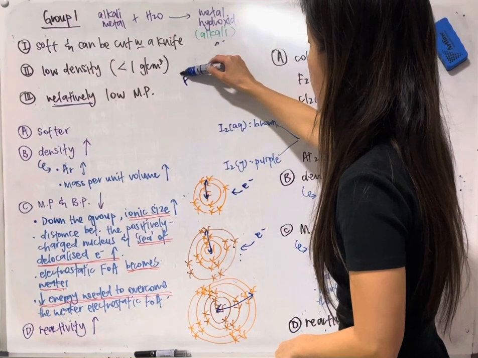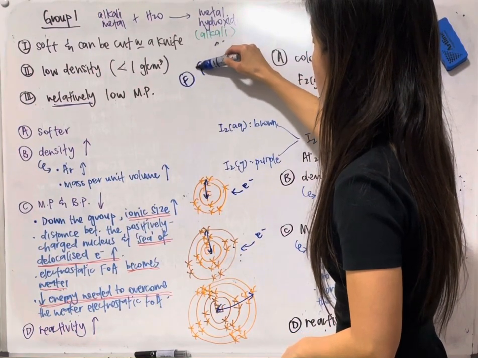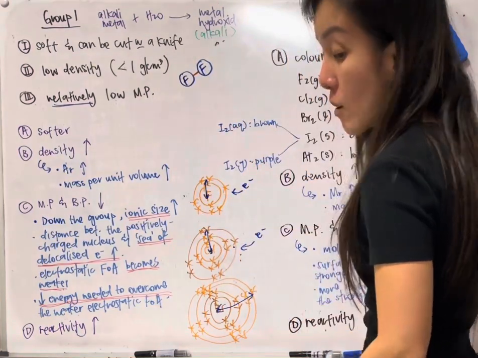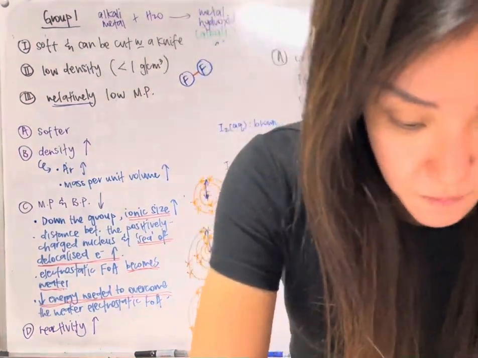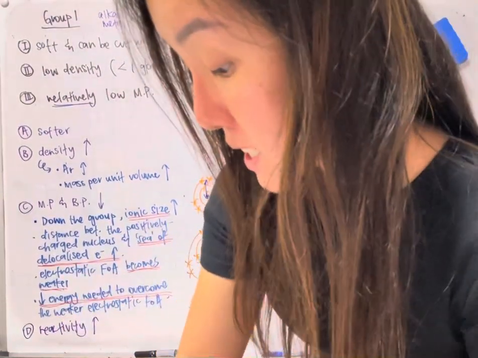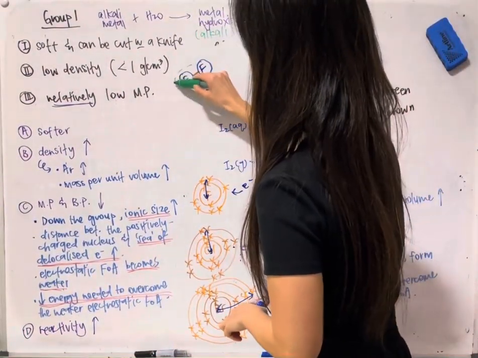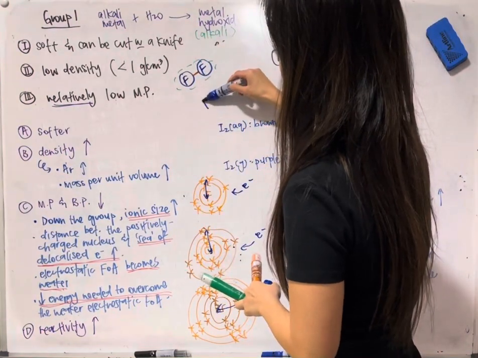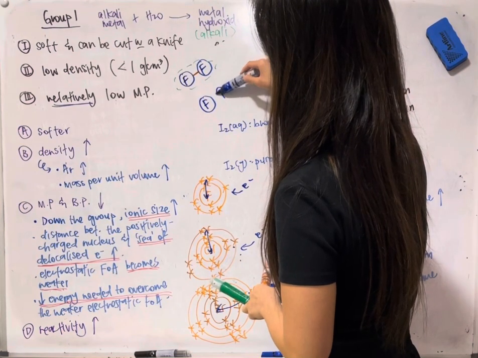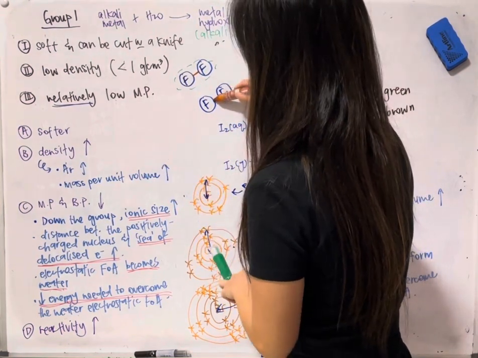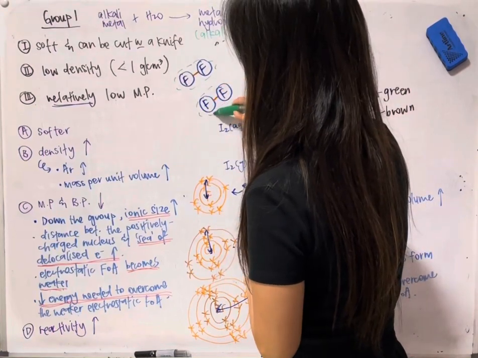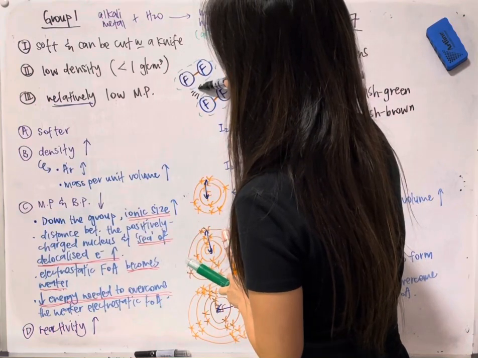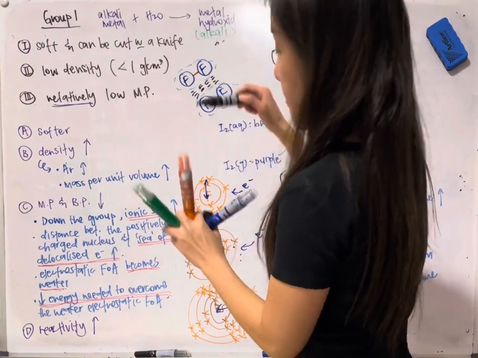This is, let's say, your fluorine molecule. This is your covalent bond, right? Do you see these are the molecules? Between the molecules, you will form intermolecular forces of attraction. Imagine if your molecular size is larger, wouldn't the intermolecular forces of attraction become stronger because you can form more of them?